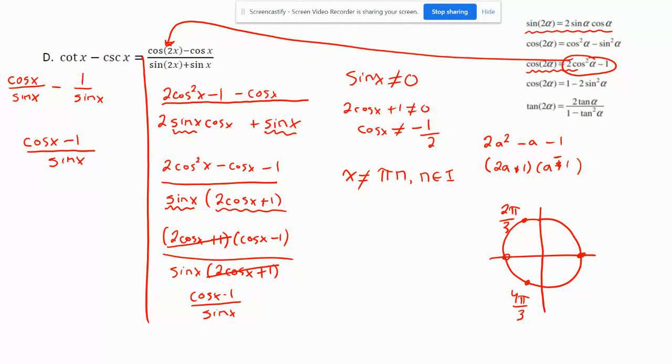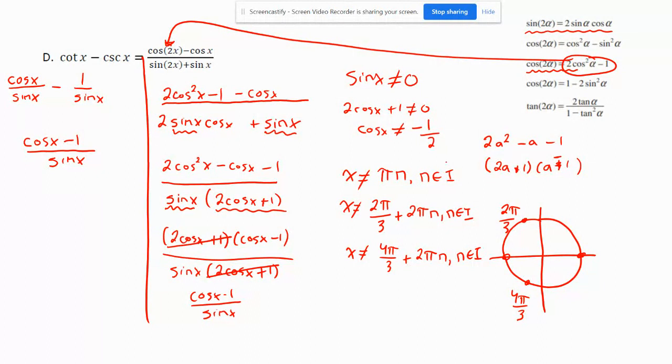So I'm going to say that x cannot equal, because the only pattern here is that I have to do this one individually and then this one individually, 2 pi over 3 plus 2 pi n, where n is an integer. And the last one, x cannot equal 4 pi over 3 plus 2 pi n, where n is an integer as well.